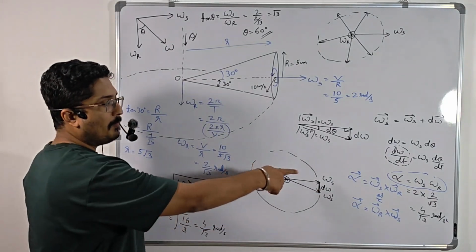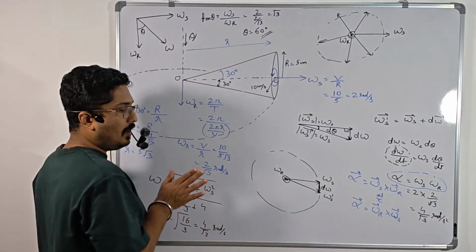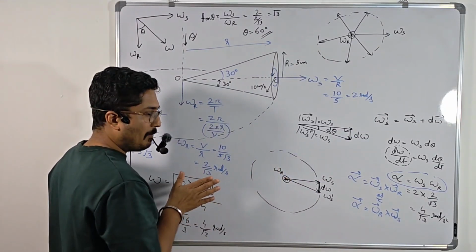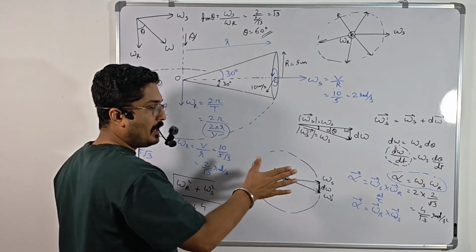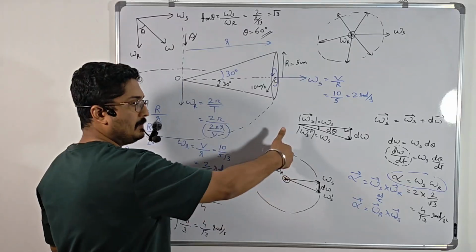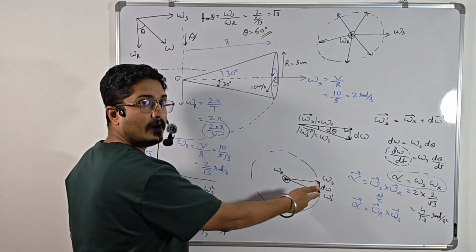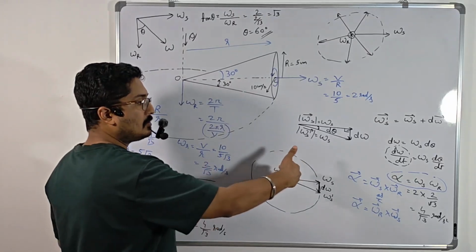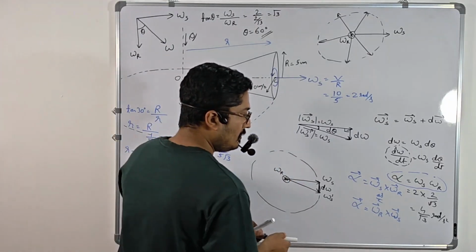So if I do omega s cross omega r, using right hand thumb rule, I am curling my fingers from the direction of omega s to omega r. I am getting the thumb in this direction, which is not the direction of d omega, that is opposite to the direction of d omega. So that means omega s cross omega r is not correct.